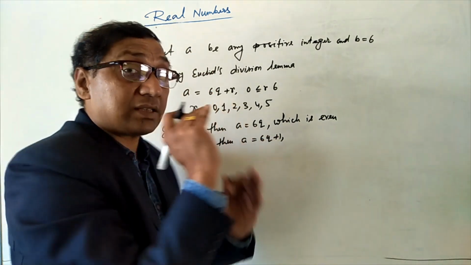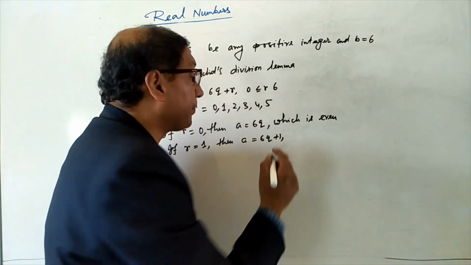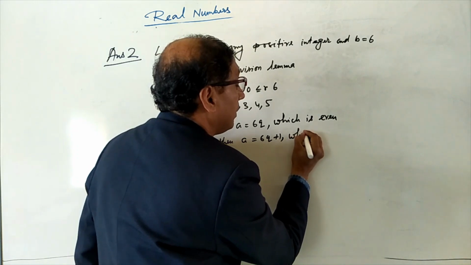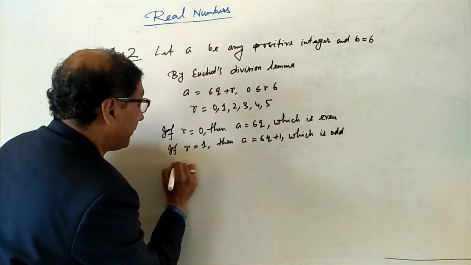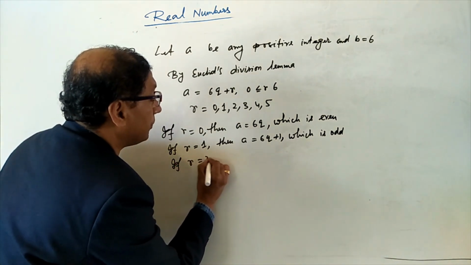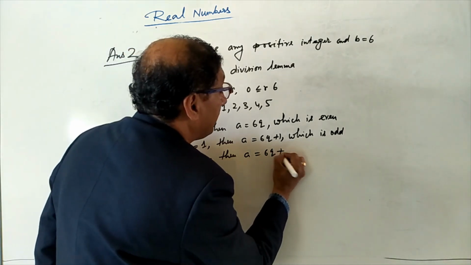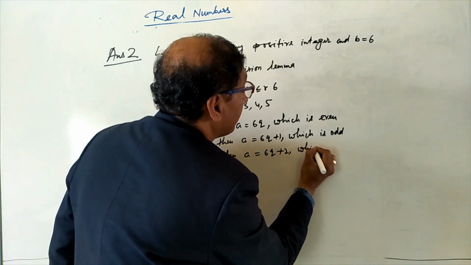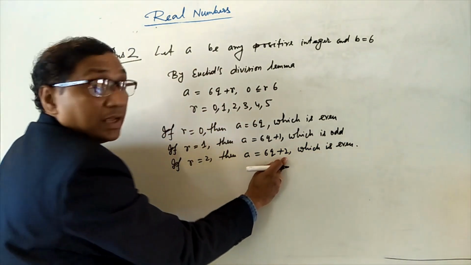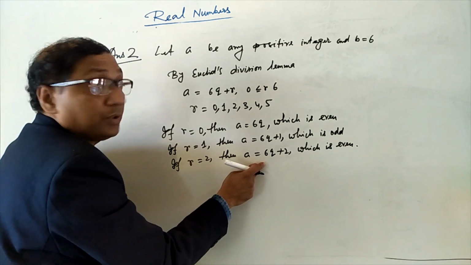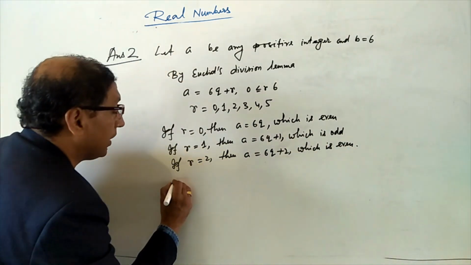Now 6q is an even number. The next number after an even number will be an odd number, so which is odd. If r equals 2, then a equals 6q plus 2, which is even, because 6q plus 2 is divisible by 2. If we take 2 common, then this number will be divisible by 2, so it is an even number.